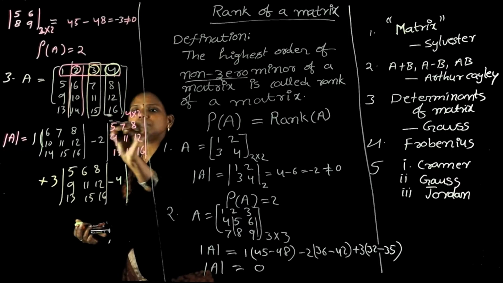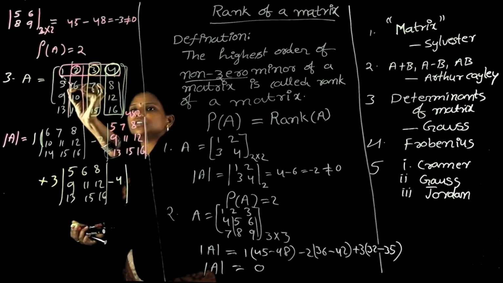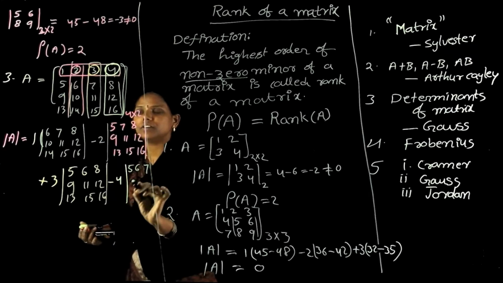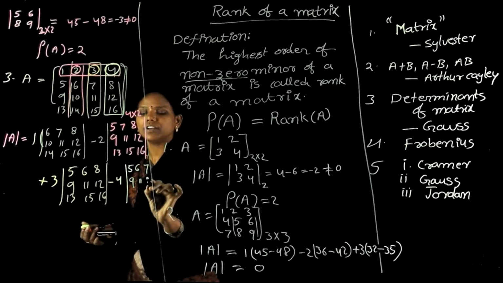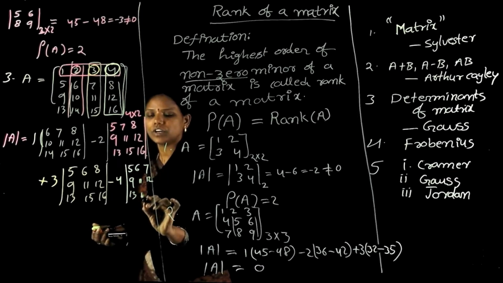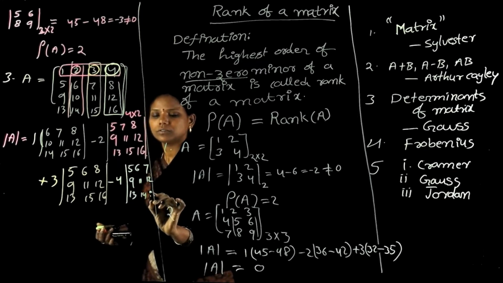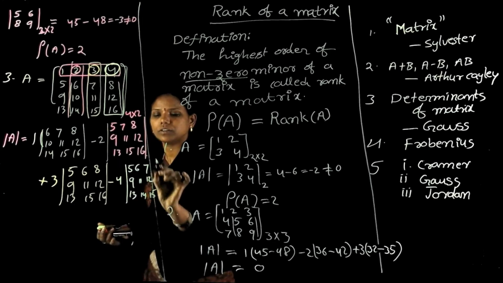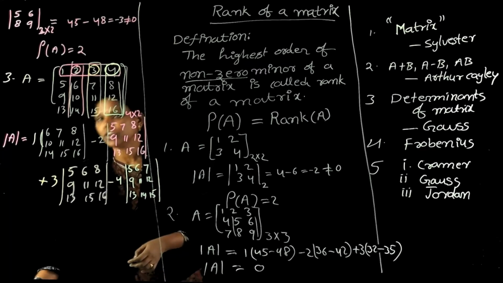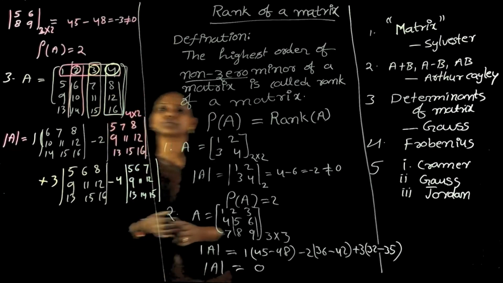Cut this column, cut this row. The remaining is 5, 6, 7, 9, 10, 11, 13, 14, 15. So it is very difficult to find this determinant.